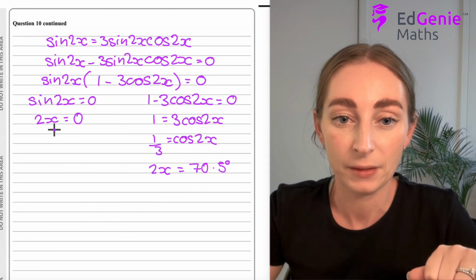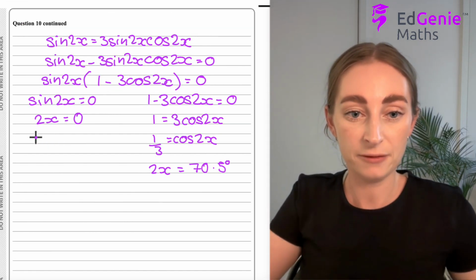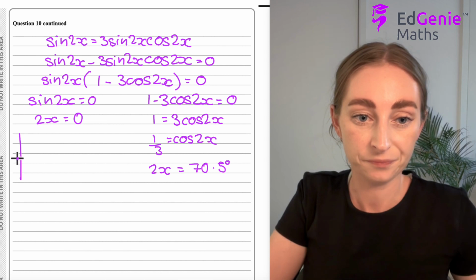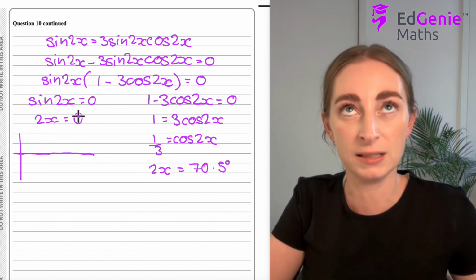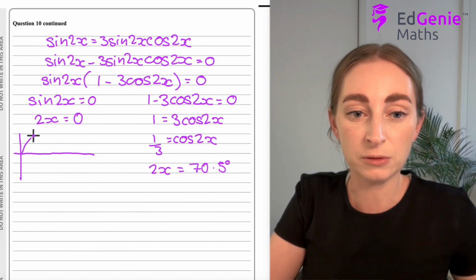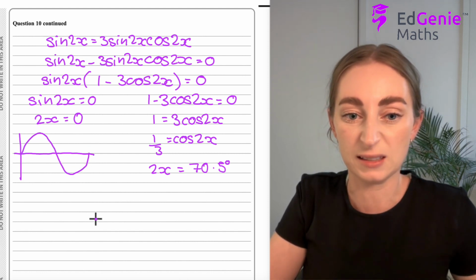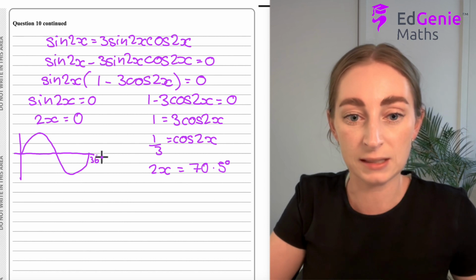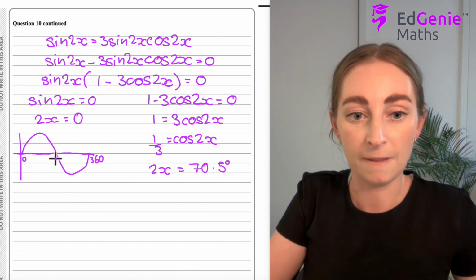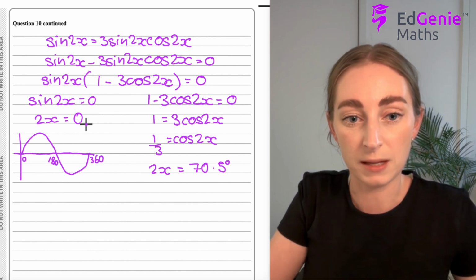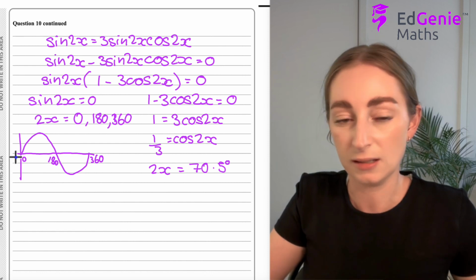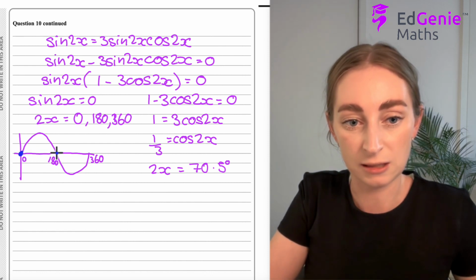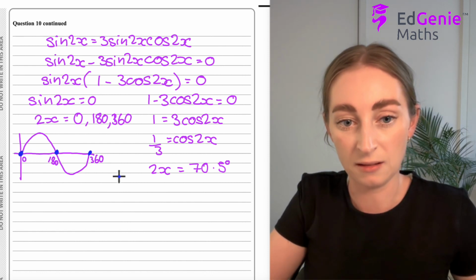So, if we have 0, and we're going between 0 and 180, but because I'm going to be dividing it by 2, I actually want to go all the way up to 360. So 360 is here, 0's there, so my other solutions are going to be 180 and 360. Can you see that? Because if this is your solution here at 0, it's also a solution here and here.